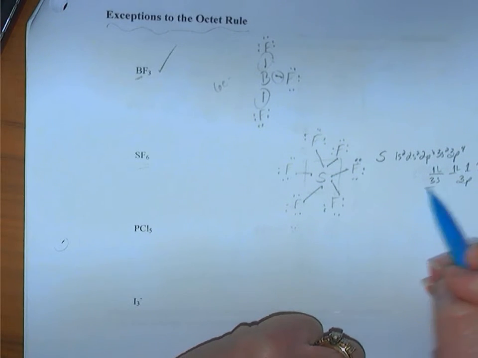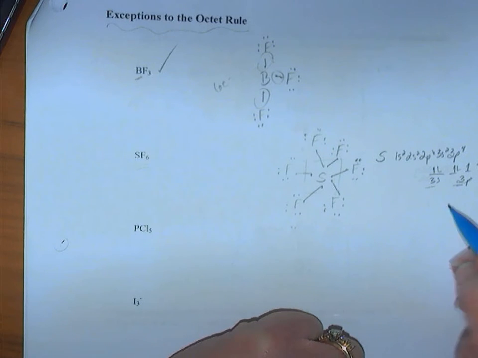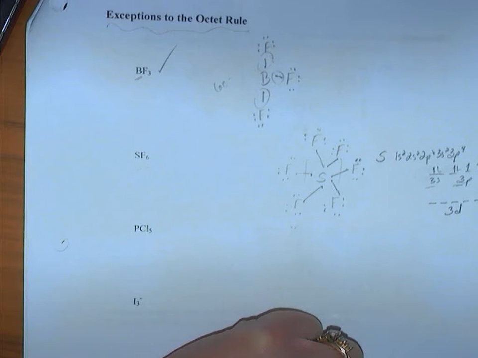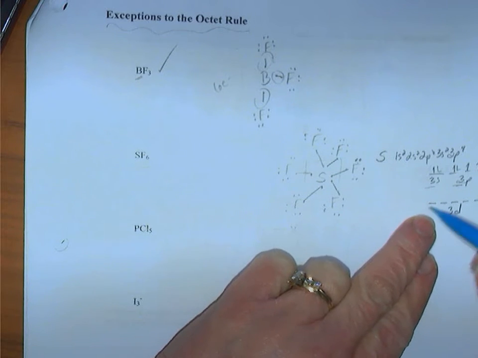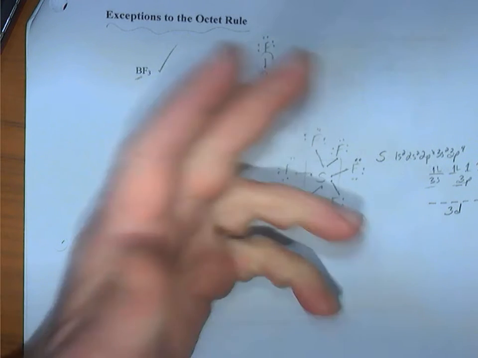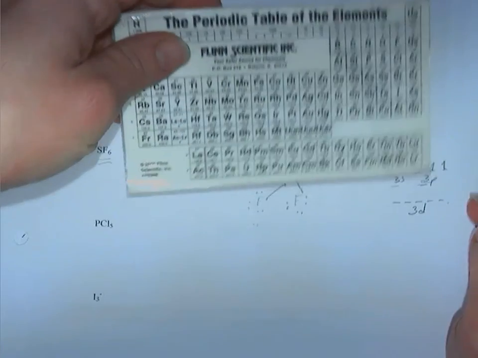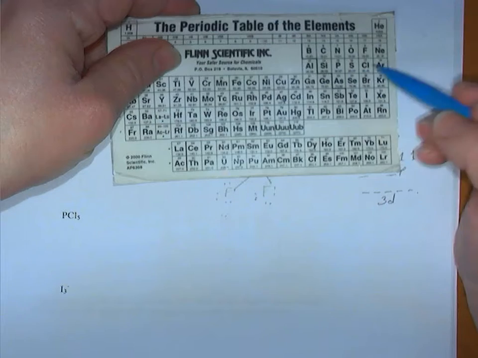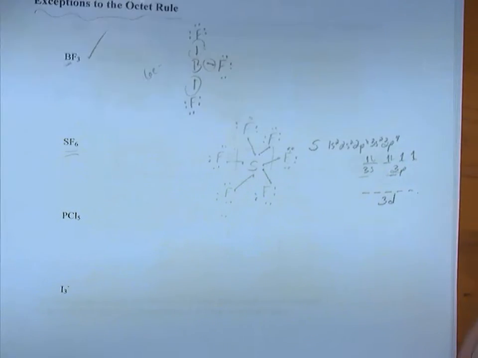Well, remember, beginning in the 3rd energy level, we also have the 3d. They are available for additional pairs to be shared. That's why beginning in period 3 and below, all of these first have electrons being placed in the 3rd energy level, so that makes these accessible to be able to be used. Okay, that would be the structure for SF6.